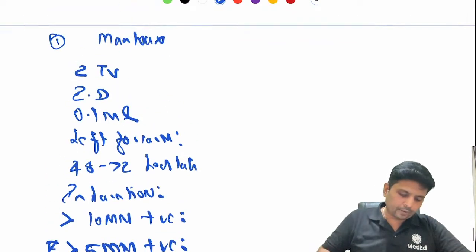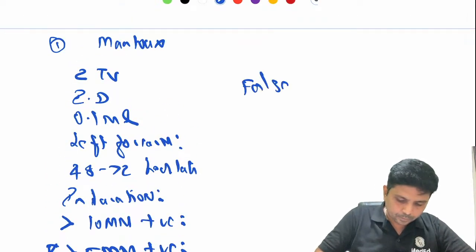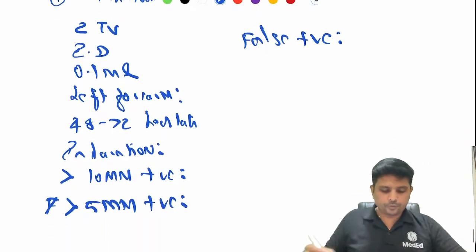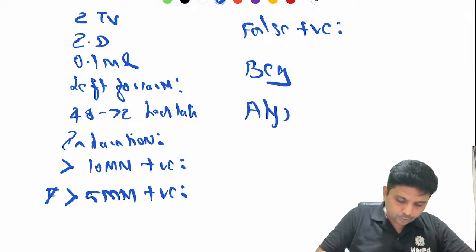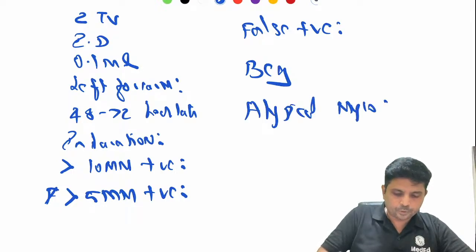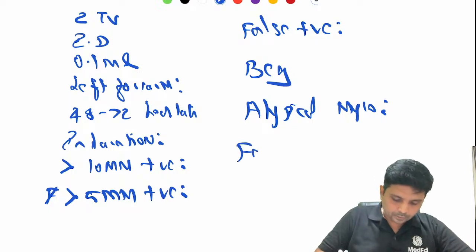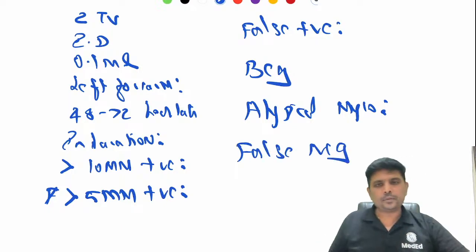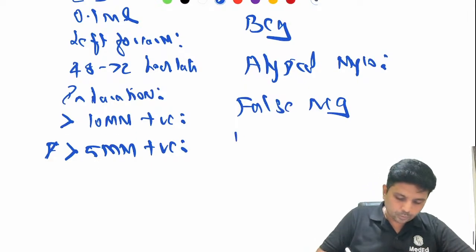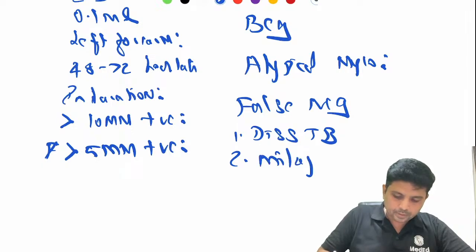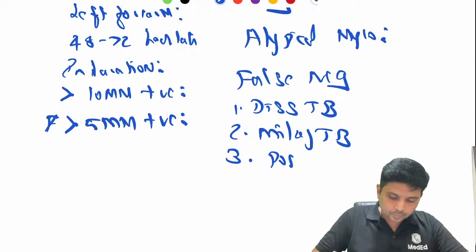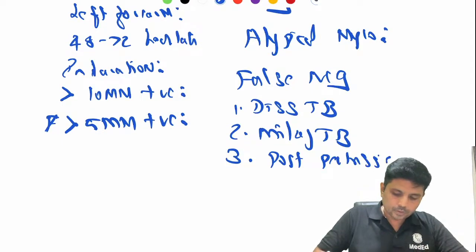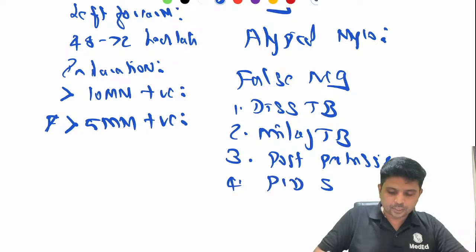So what is the drawback of the Mantoux test? It can have false positives. BCG can produce false positives, and atypical mycobacterial infections can produce false positives, whereas false negatives are common in disseminated TB, miliary TB, post pertussis, and immunodeficiency such as severe combined immunodeficiency.